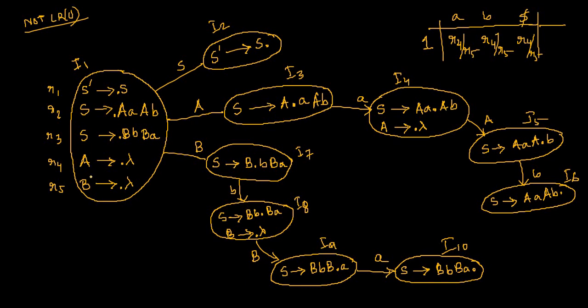That means follow of A. So let's find out what is follow of A. Small a and small b. And what is follow of B? Again small a, small b.